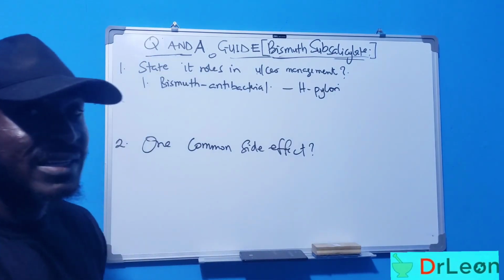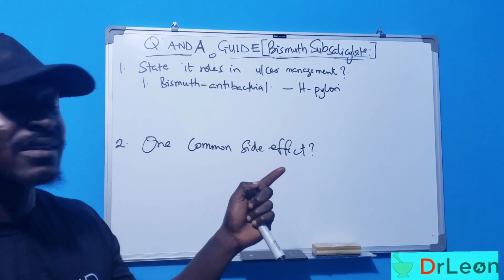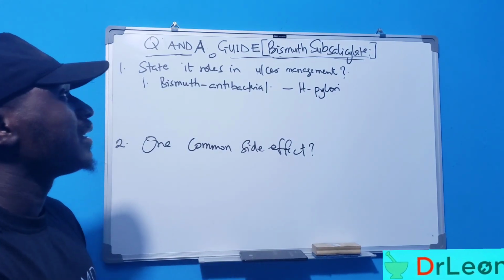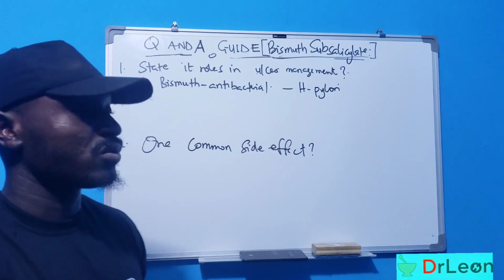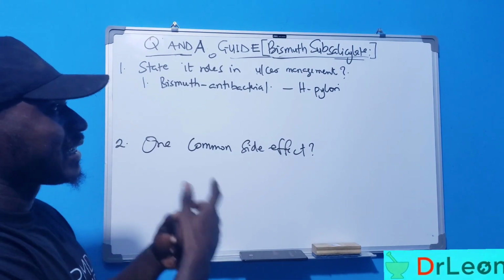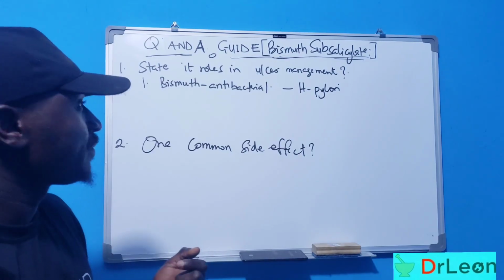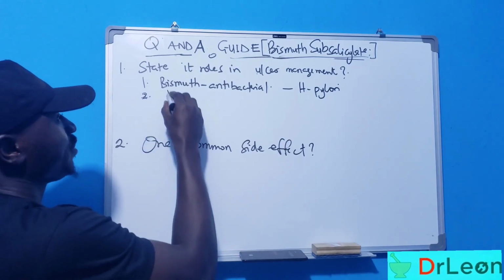And as we said, one of the aggressive factors or causes of ulcer was H. pylori, and therefore Bismuth Subsalicylate, normally seen in Pepto-Bismol, manages ulcer by killing H. pylori. Another way is as a protective.